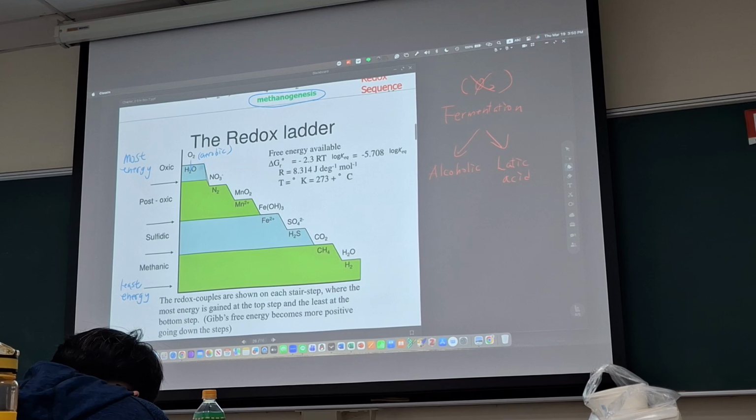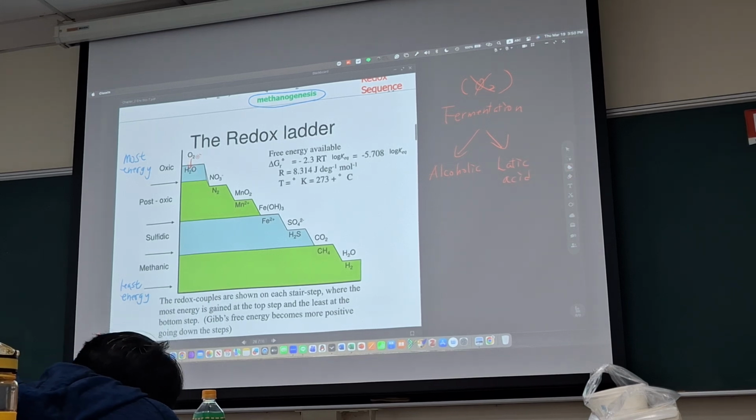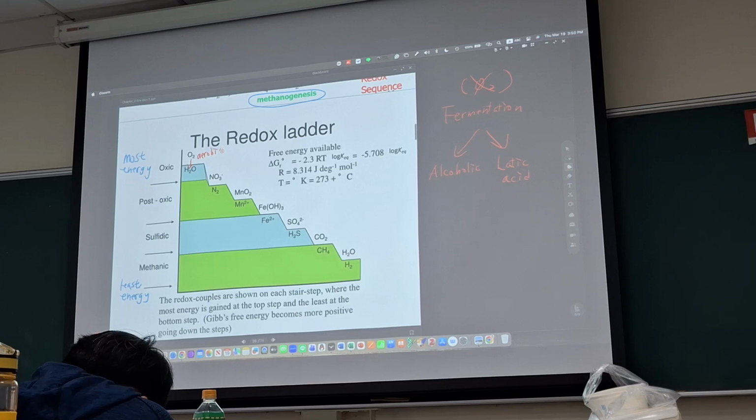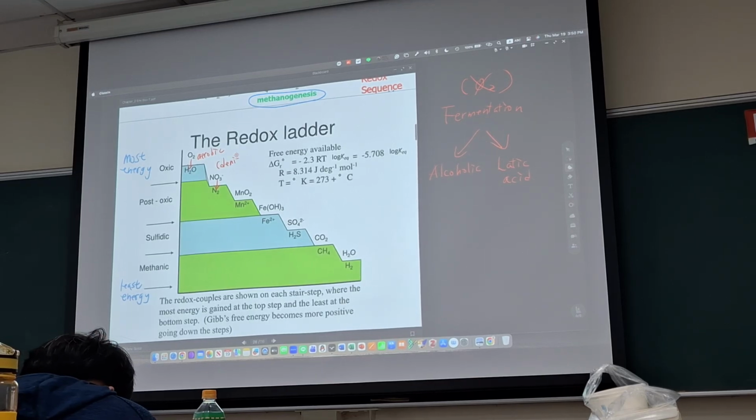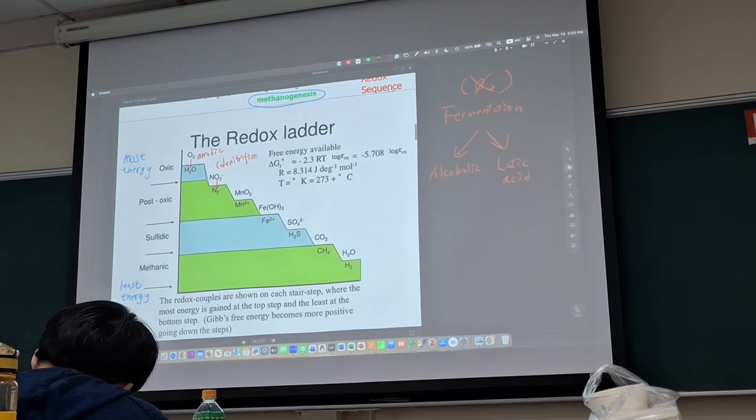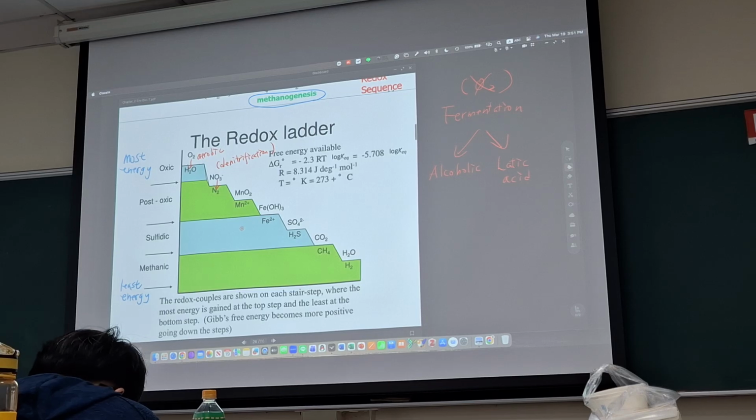Okay, this is aerobic reactions. From nitrate to nitrogen, this is so-called denitrification.